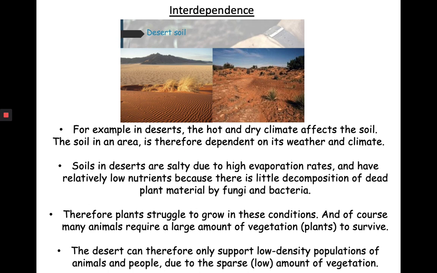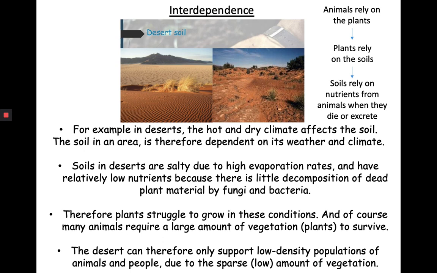Low density population, you should be familiar with that from our urban issues and challenges topic that we did. So they've got low density populations of animals and people due to the sparse, which is also low, amount of vegetation. So just to sum up, basically then, animals rely on the plants. The plants then rely on the soil.